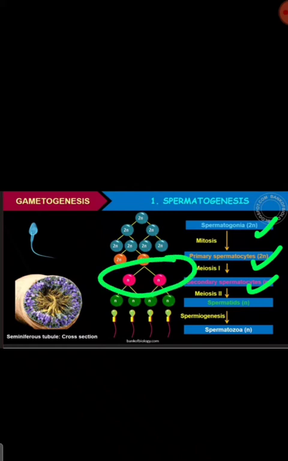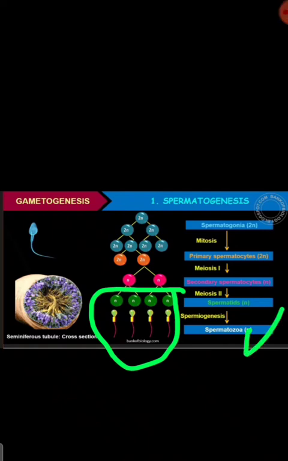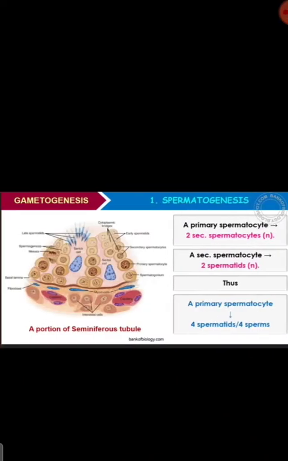Then each n will undergo meiosis again to produce spermatids, which will undergo spermiogenesis to produce spermatozoa. So a primary spermatocyte will produce secondary spermatocytes, and a secondary spermatocyte will produce 2 spermatids. Thus one primary spermatocyte will produce 4 spermatids or sperms.